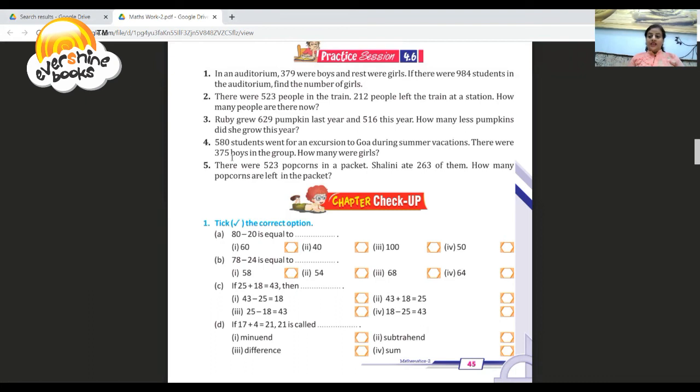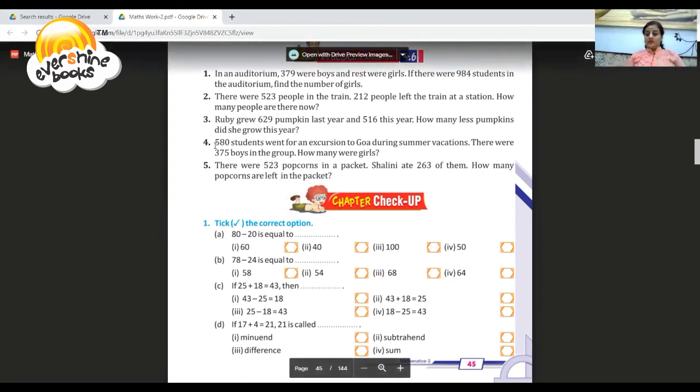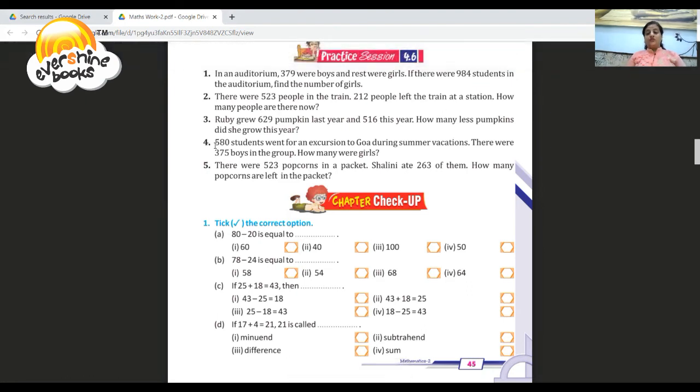Now 580 students went for an excursion to Goa during summer vacations. There were 375 boys in the group. How many were girls? We know the total number of students, 580. We are going to subtract the number, that is 375, and we will get the answer of the number of girls.